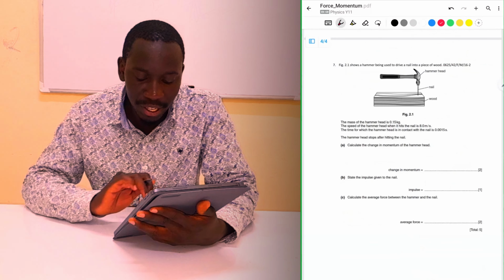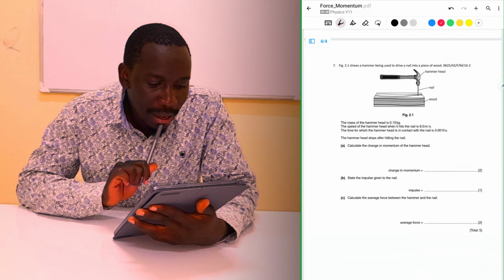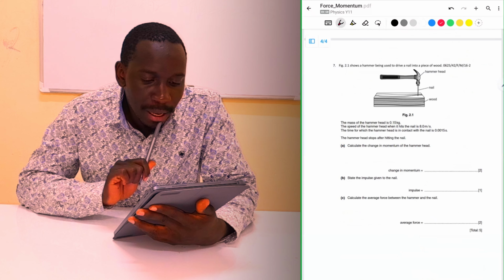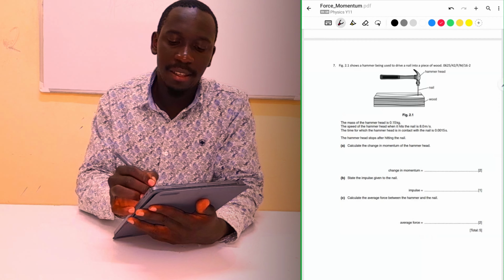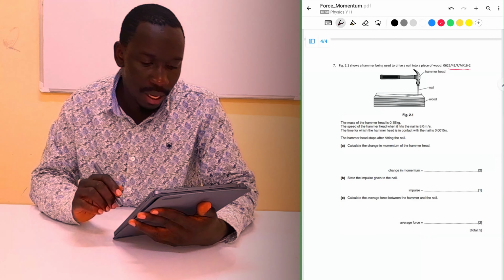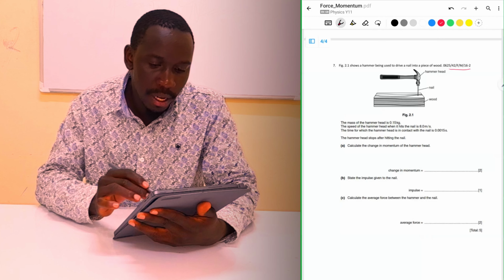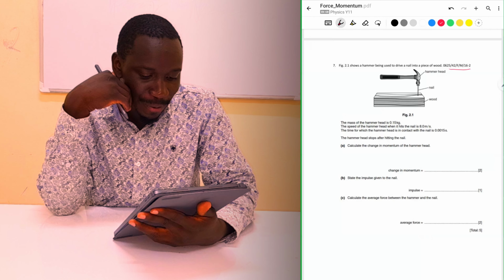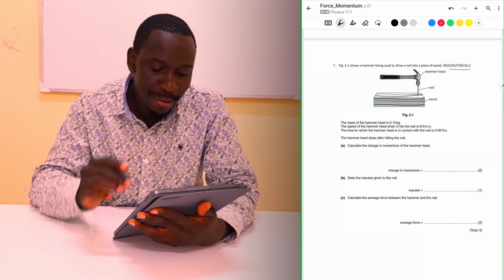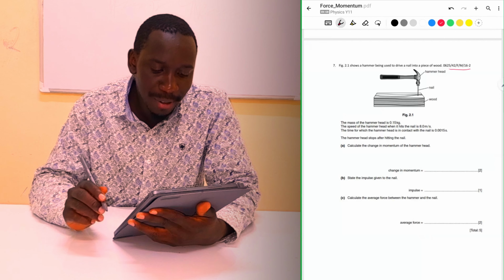All right, there's a structured question here. Number 7, figure 2.1 shows a hammer being used to drive a nail into a piece of wood. The reference of this question, you can see from there. You can see the hammer and the way it is driving. So the mass of the hammerhead is 0.15 kilogram.